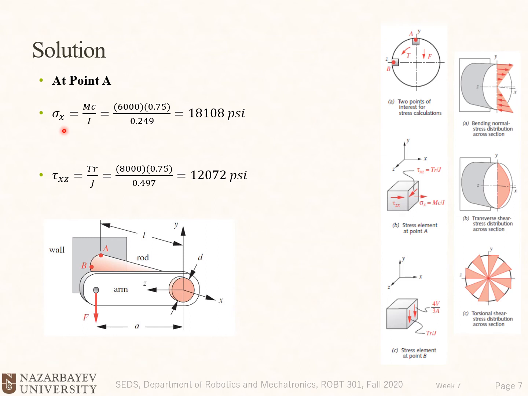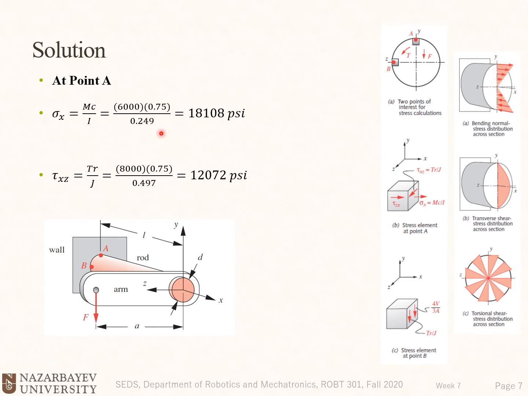Okay, so first for sigma x, we have a formula which is Mc divided by I, and c is r, or d divided by 2, the distance from the center to the top fiber, okay, this distance here.